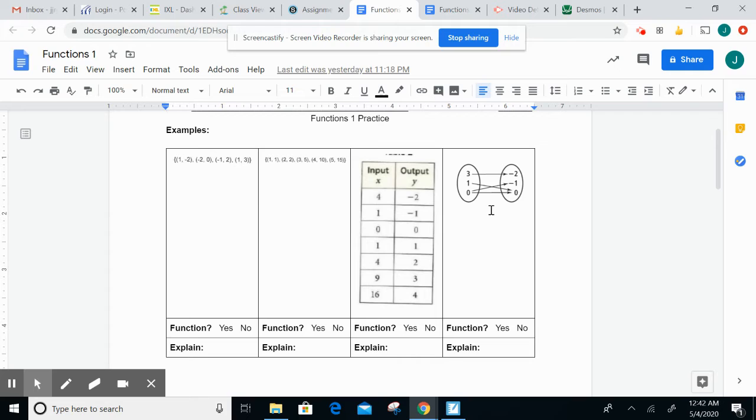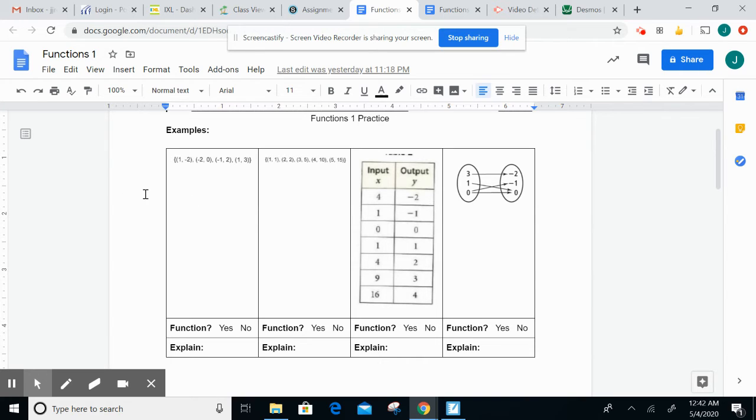With a relation, or an equation, we'll say an equation, you plug in a number, you get something back. So for example, when I plug in 1, I get -2. When I plug in -2, I get 0. When I plug in -1 into the machine, it gives me a 2 back, and when I plug in a 1, it gives me a 3 back.